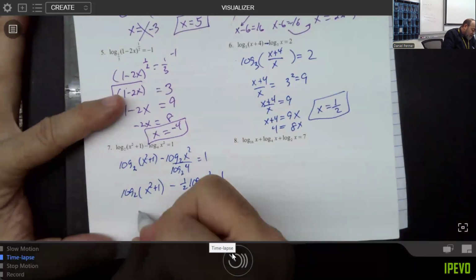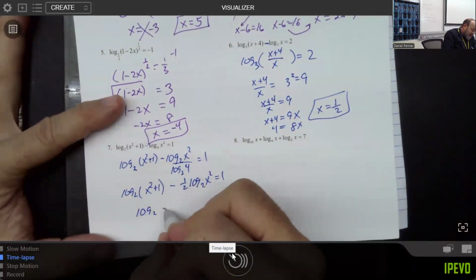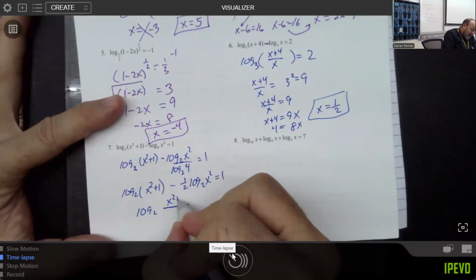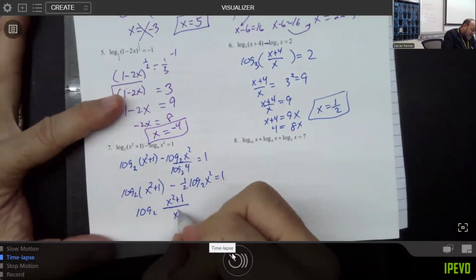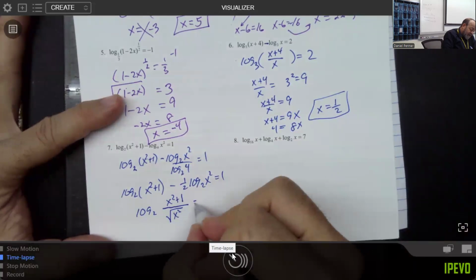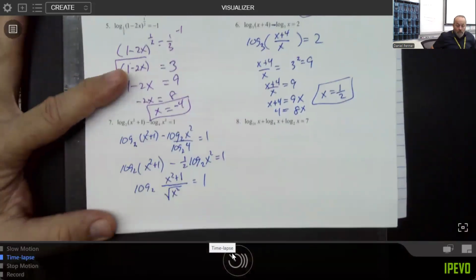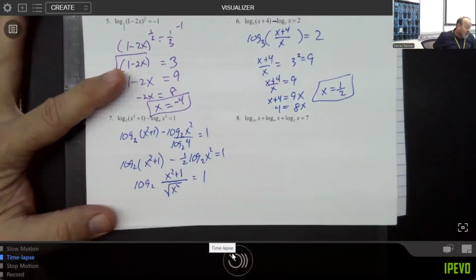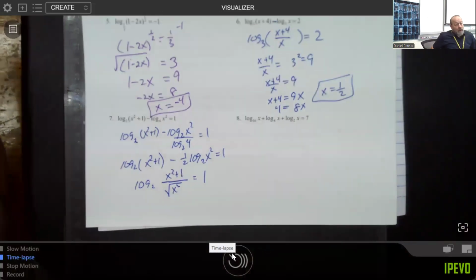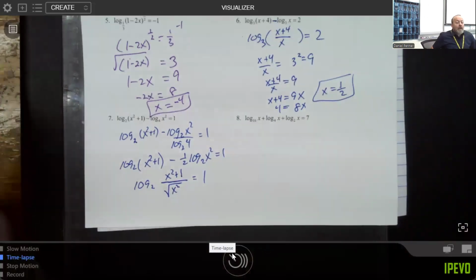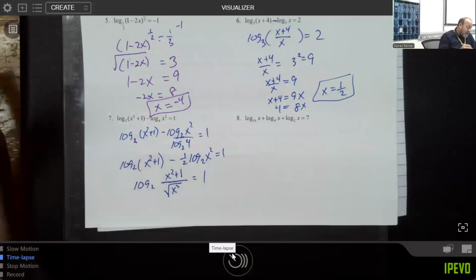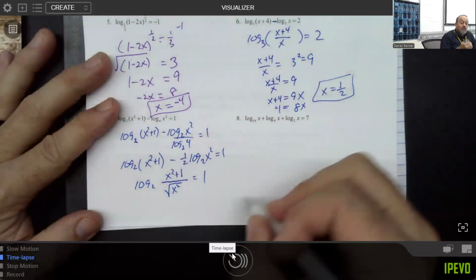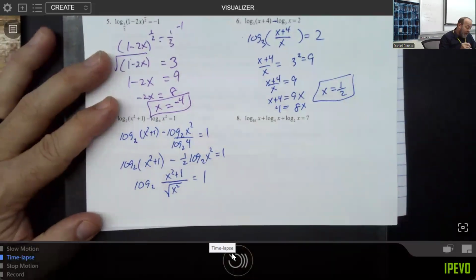So what I can do, though, now that I have it, is I've got x squared plus 1 on top, and then I have x squared but square rooted on the bottom is now equal to 1. Okay, now there's something a little bit hard that is kind of brewing under the surface that I'm going to address here in a moment, because I did need to work this into this worksheet in one place.